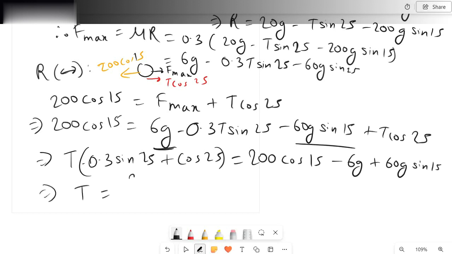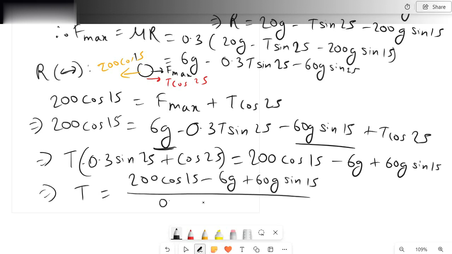So therefore the value of t is going to be 200 cos 15 minus 6g plus 60g sine 15, divided by minus 0.3 sine 25 plus cos 25, which is roughly going to be 192 newtons. And this is our answer.